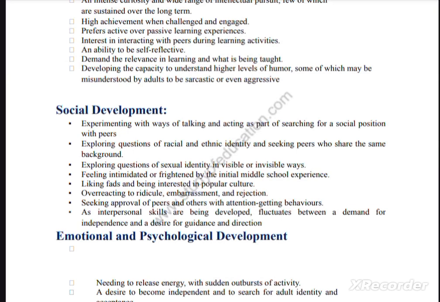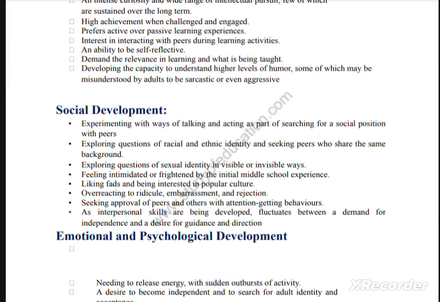Most of the social position we can see in friends, in talking and acting, in the behavior of a person searching for a position with peers. They explore more questions with ethical concerns and seek peers who share the same background, who may be asked questions that we can answer very easily.